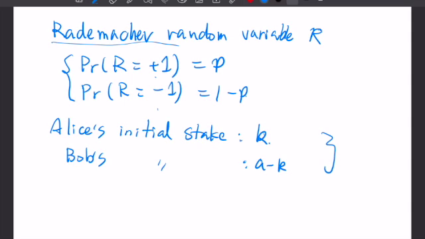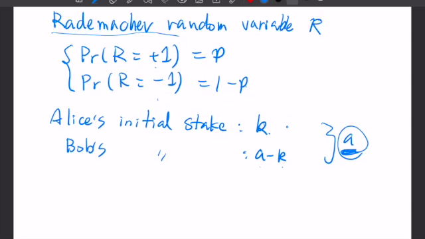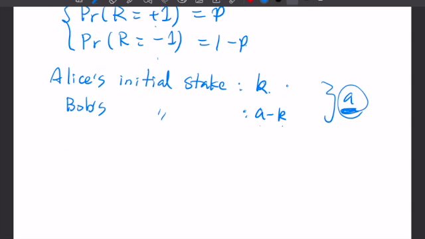So together there are a dollars. k plus a minus k is a, right? So this is the total amount of dollars involved in this game. And of course, we require that a is greater than k. Otherwise, Bob's initial stake will be negative, which makes no sense.